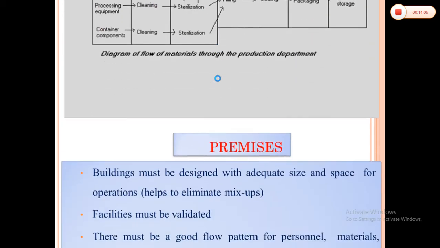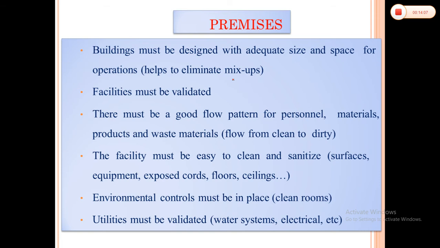Now we'll move to the different areas. What precautions have to be taken when you are considering the premises? The facilities we require for the manufacture of sterile products should be designed for control of cleanliness appropriate for each step.